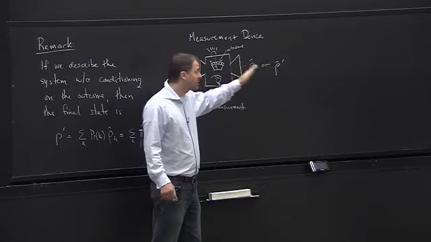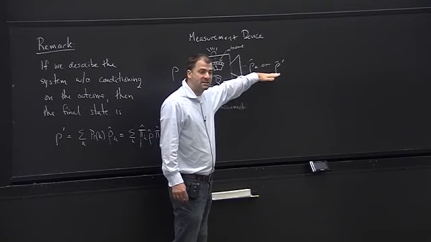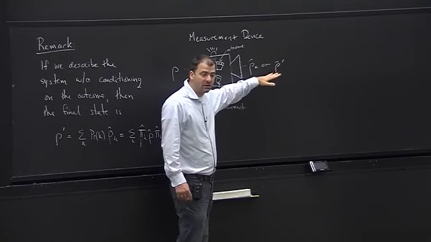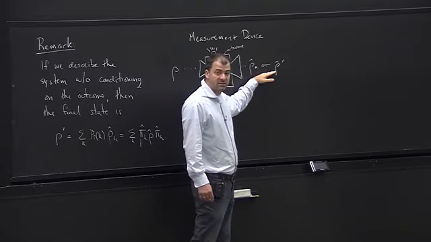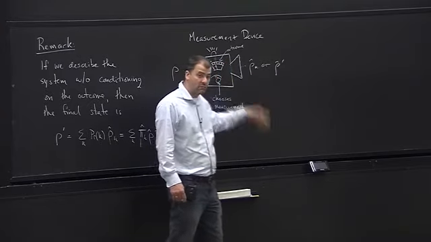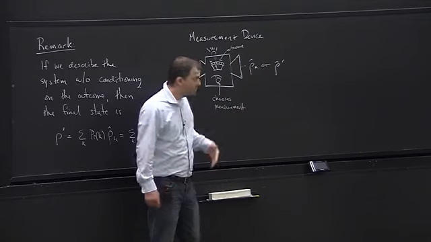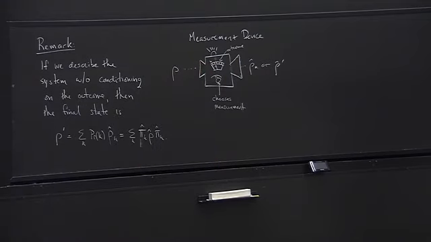Then I'm not conditioning. Conditioning means if I get outcome k equals 3, I keep the system. If I get a different outcome, I throw it away. So this is why you have to renormalize. This renormalization reflects the fact that you're throwing away systems.